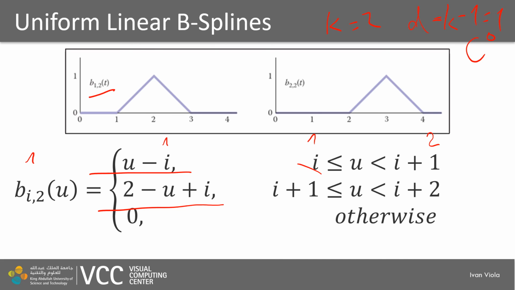So this value will be going from 0 to 1. This is the first part. The second part is 2 minus u plus i, which in this case is 1. So we have 2 minus u plus 1, so 3 minus u, for u between 2 and 3. If u is 2, it will be 3 minus 2, so 1, and it will go to 3, so it will get to 0.